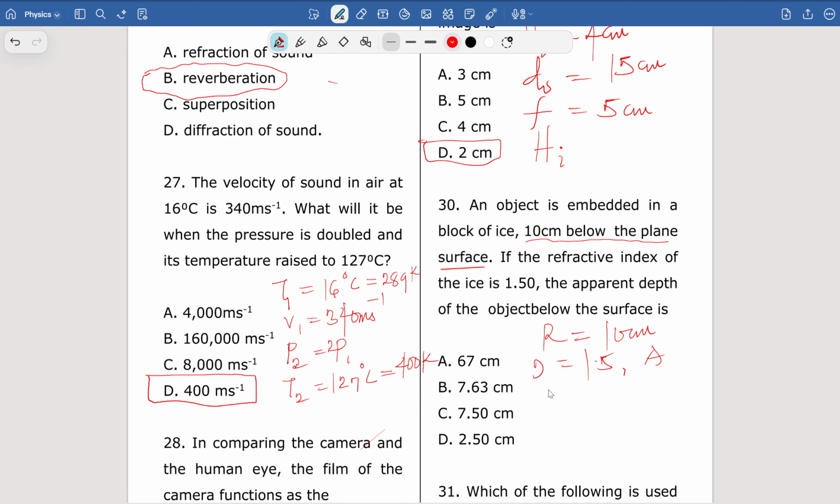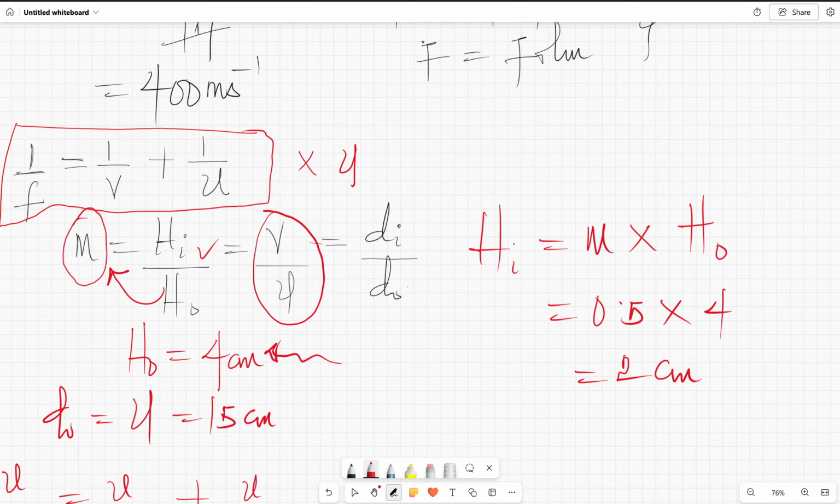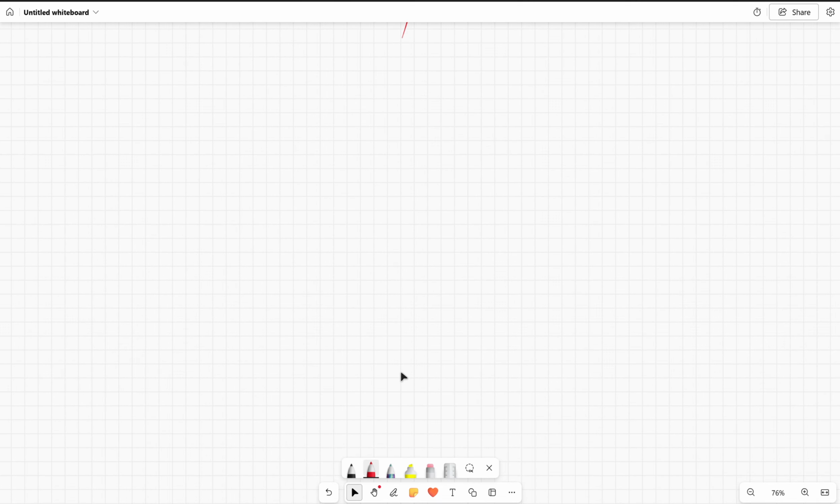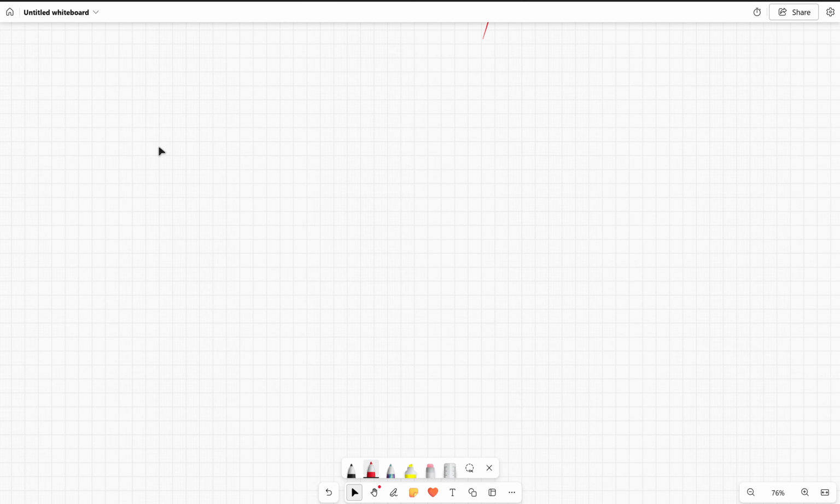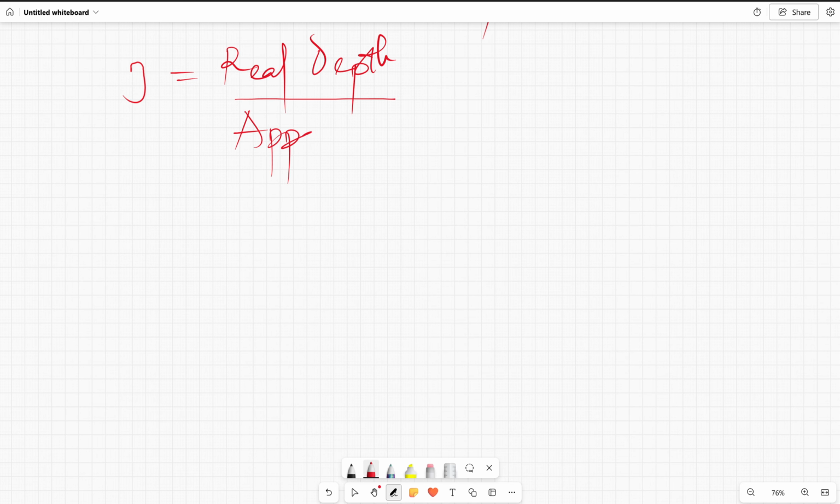So let's look at that quickly. There are two formulas that you need to know as far as this is concerned. Refractive index is equal to real depth divided by the apparent depth.